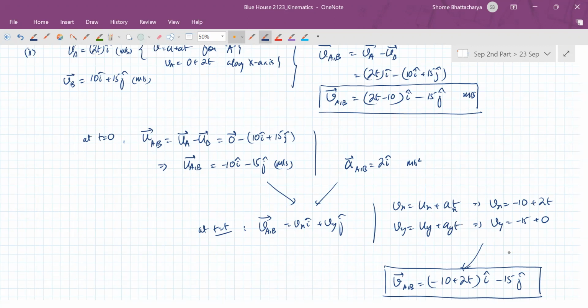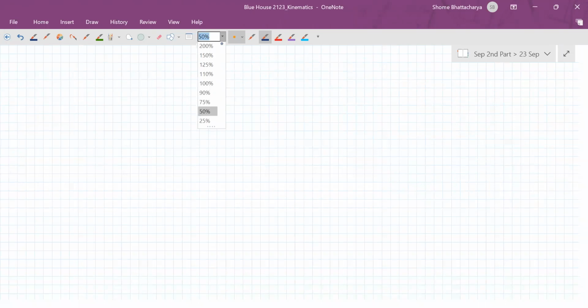Okay, so now let us look at the relative displacement concept. That also we can look at by looking at individual displacements of A and B, and then working it out that way. So the third part: relative displacement S of A with respect to B after 2 seconds.